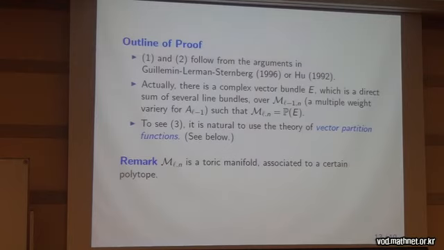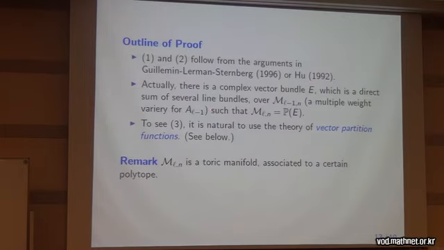The statements 1 and 2 actually follow from the arguments in Guillemin-Lerman-Sternberg in 1996 or Fu in 1992. In fact, this is the point: there is a complex vector bundle E, which is a direct sum of several line bundles, over ML-1n, which is a multiple weight variety for AL-1.